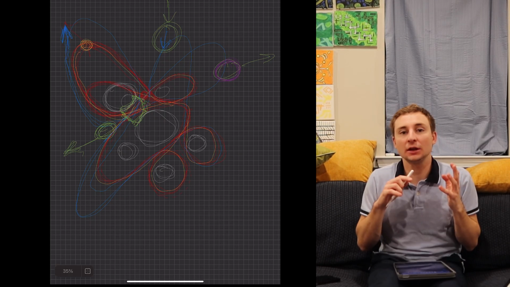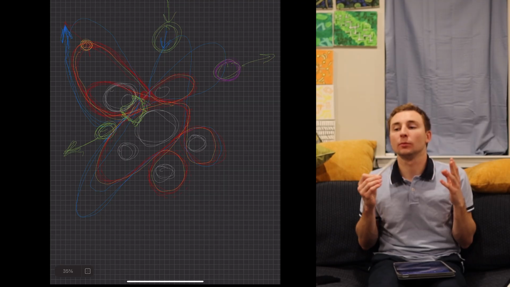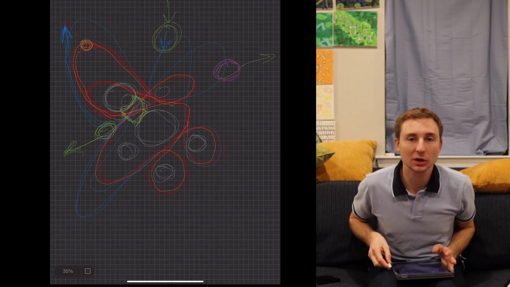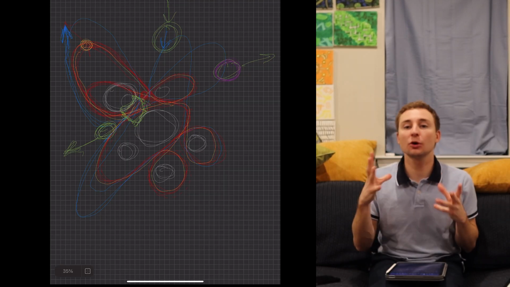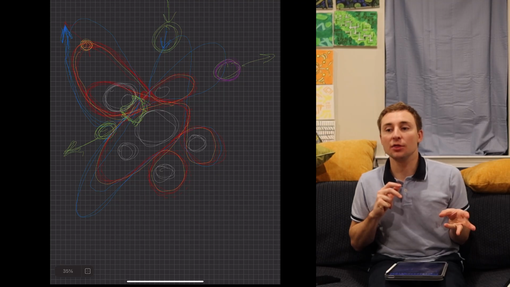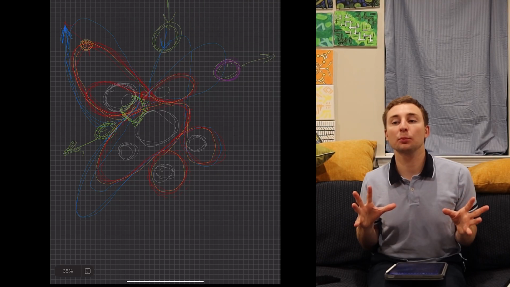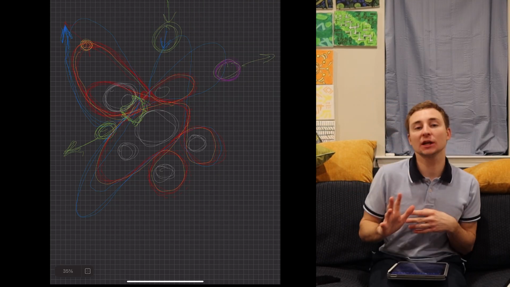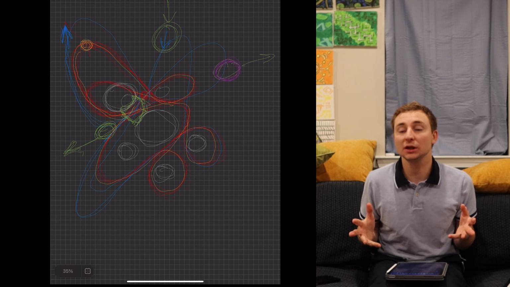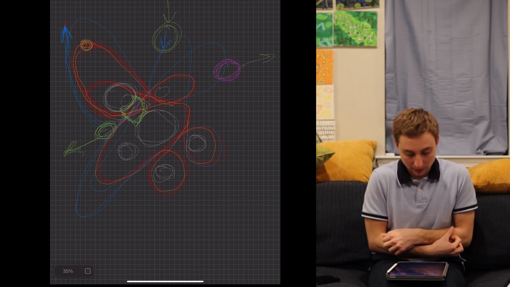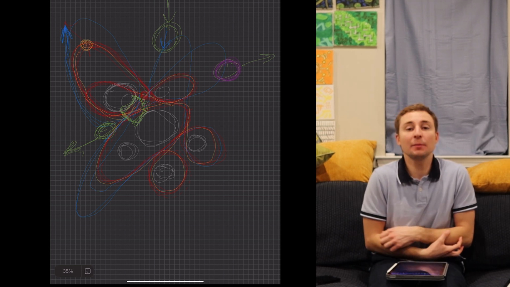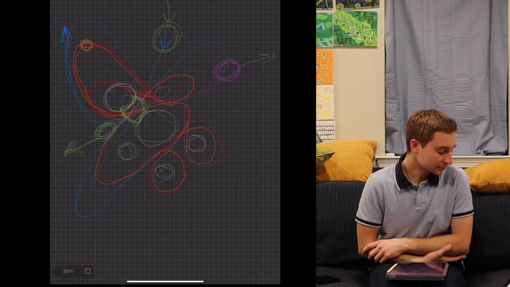But because the orbital paths are so complex and there's so much motion going on, it kind of gets stuck in this trap where originally it wasn't going to get absorbed, but now it does get absorbed because of the dynamics of the molecules.